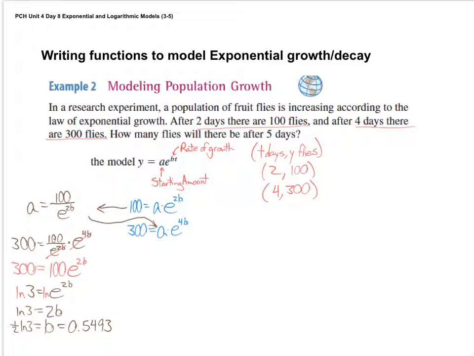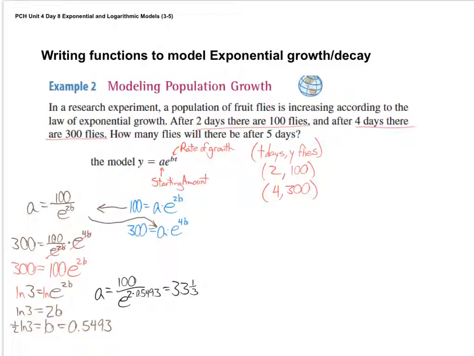All right, so at this point, then we need to figure out what a is. Well, the nice thing is we've already solved for a up here, so we can just plug 0.5493 in for b and that'll give us a. So let's do that here. A is 100 over e to the 2 times 0.5493 power. And that actually ends up giving us 33 1/3.